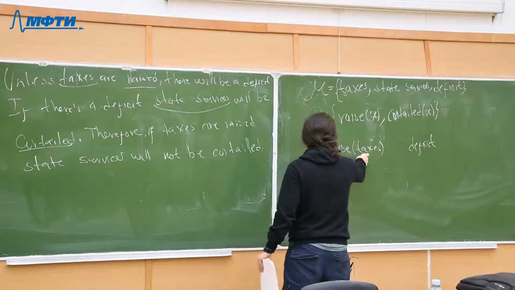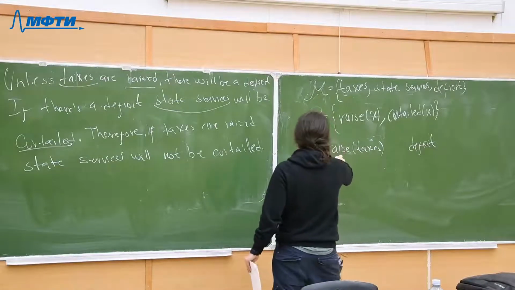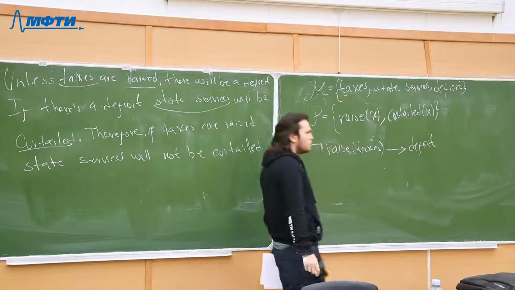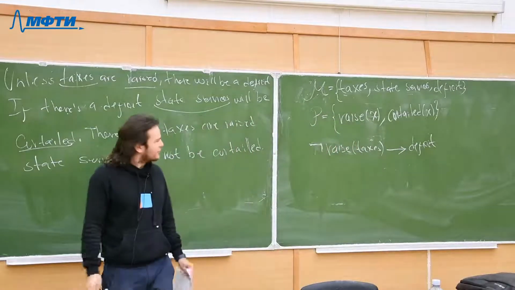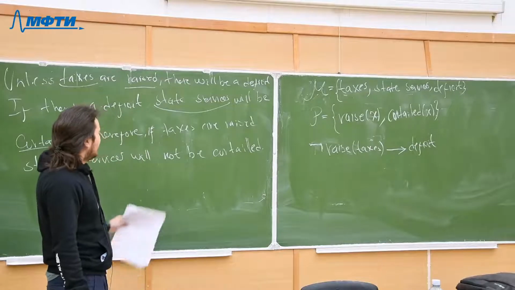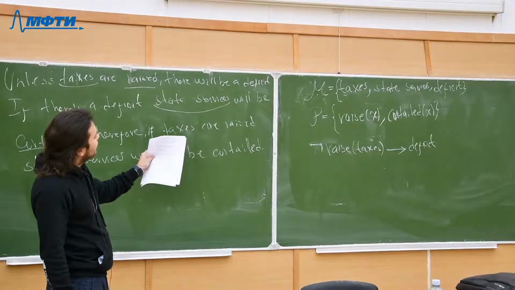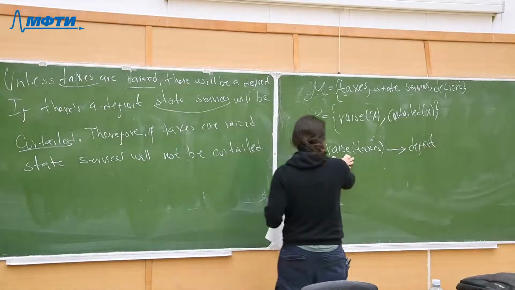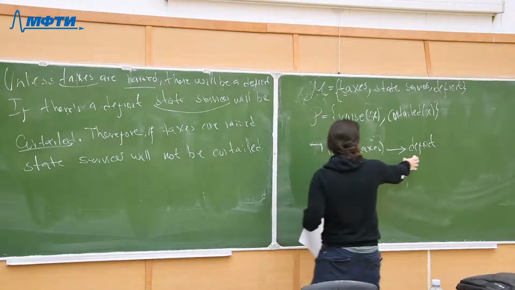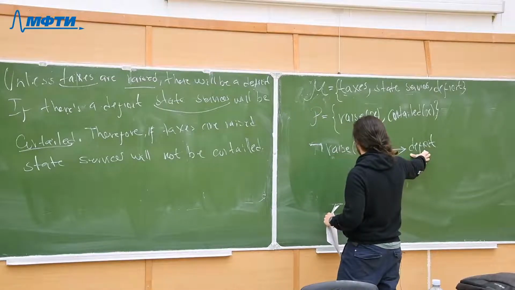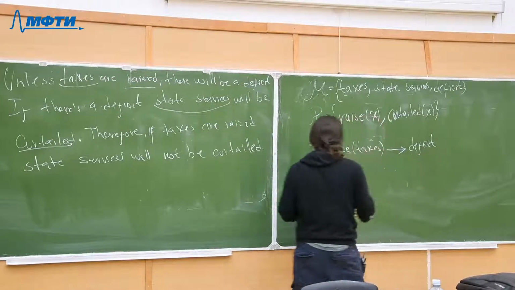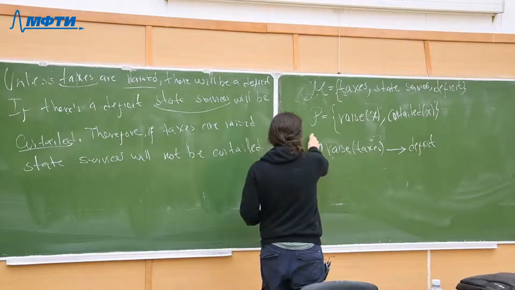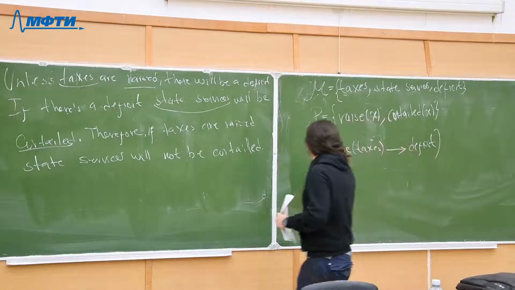Unless taxes are raised, there will be a deficit. Yeah, looks true. So if this is true, then there will be a deficit. No, if. Okay, that's it. So this is the first one.